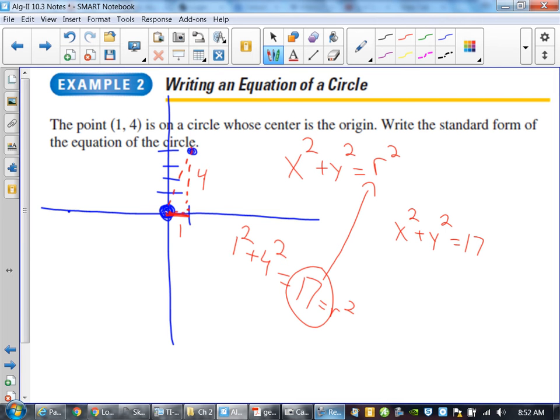Let me tell you a little trick here, guys. This whole circle with the right triangle in it, the unit circle is built off of circles with right triangles.